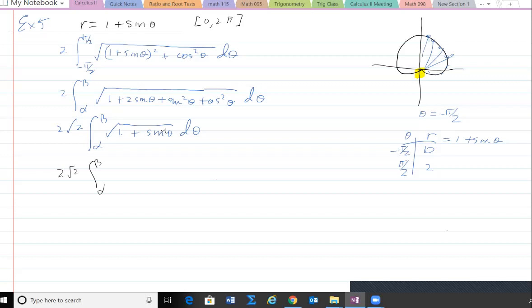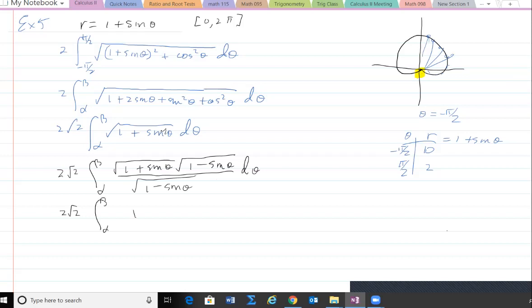So alpha to beta. What if we did this? 1 plus sine theta, 1 minus sine theta, like that. You know, that's a standard technique to try to clear out radicals. So we might try that.